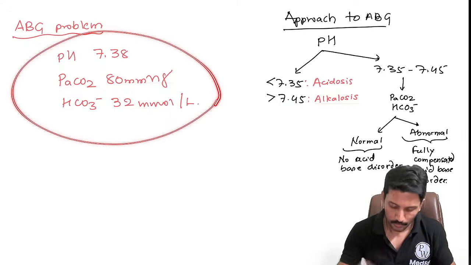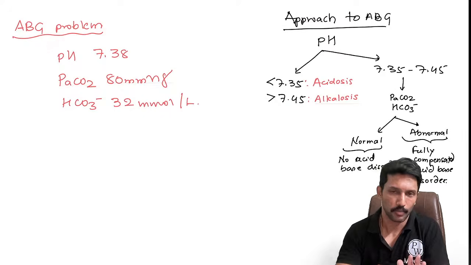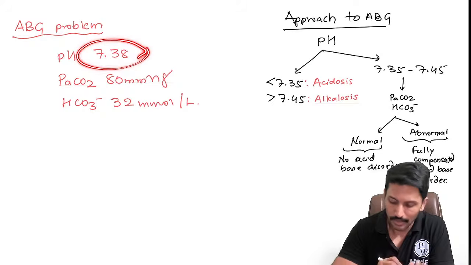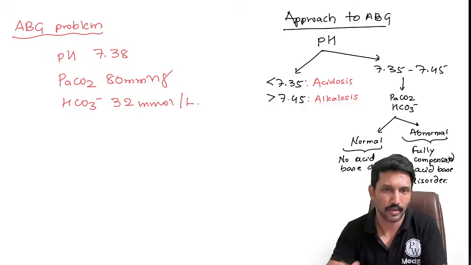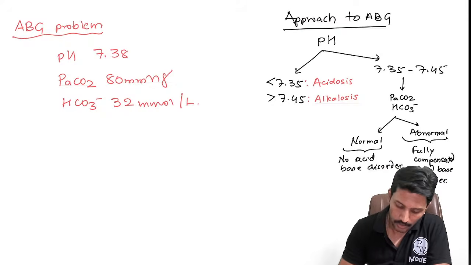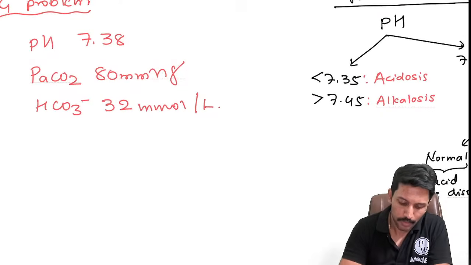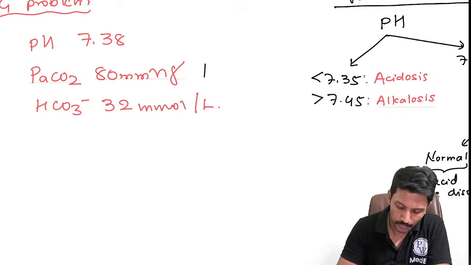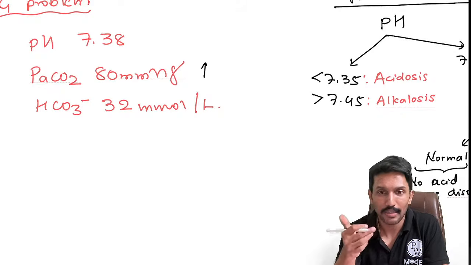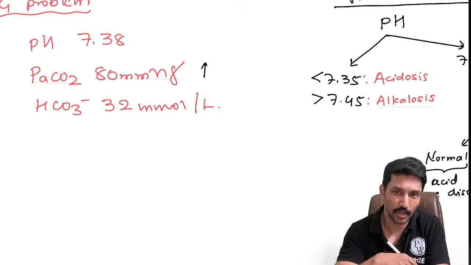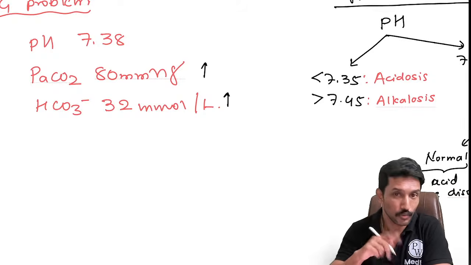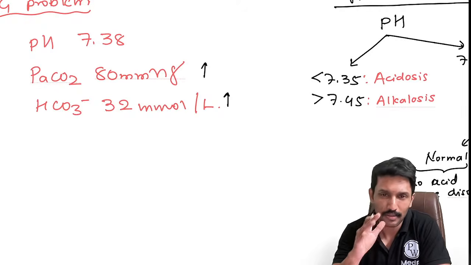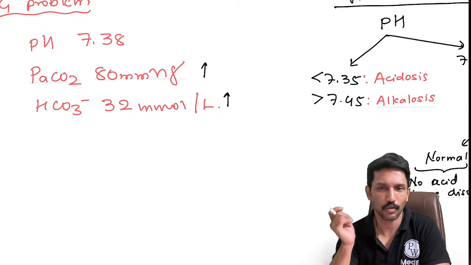So here pH is normal, in the 7.35 to 7.45 range, so I cannot directly conclude acidosis or alkalosis. But when I look at the internal values, PaCO2 normal is 35 to 45, and it is clearly increased. And bicarbonate, 22 to 26 is normal, and that is also increased. So they are not normal. Only pH is normal.